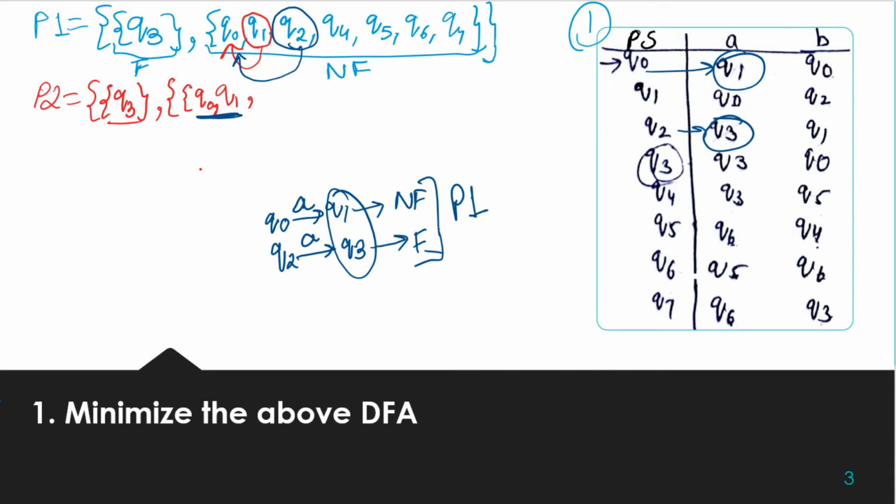So we can conclude that Q2 cannot be part of this group, and we cannot keep Q2 with Q0.